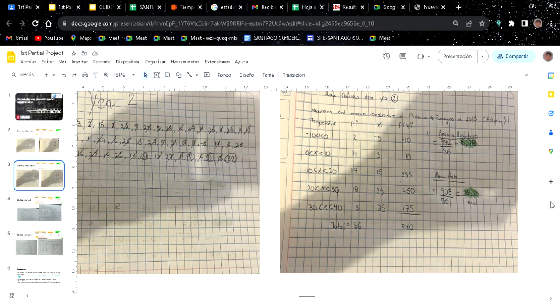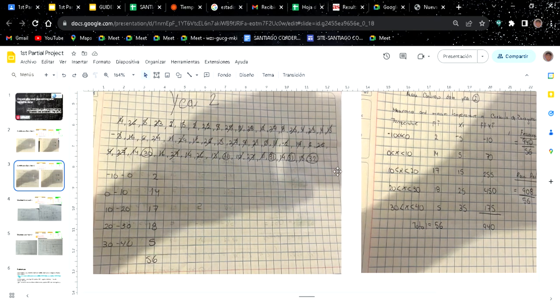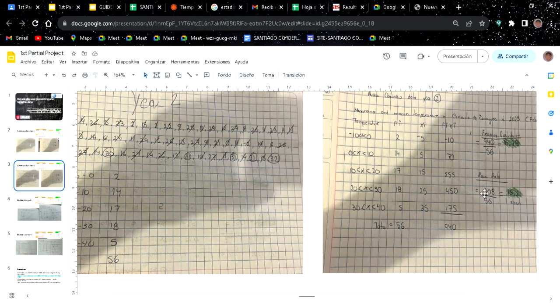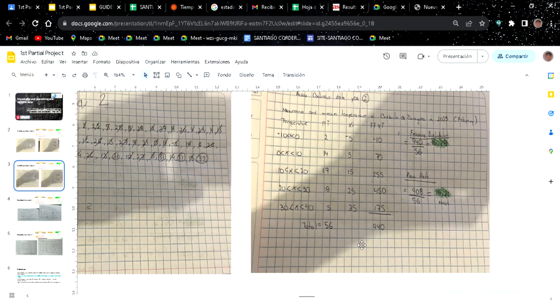And then with the raw data, we have to add all this data, that the result is 908, divided by the frequency that is 58, and the result is 16.21, and that is the mean of this case.